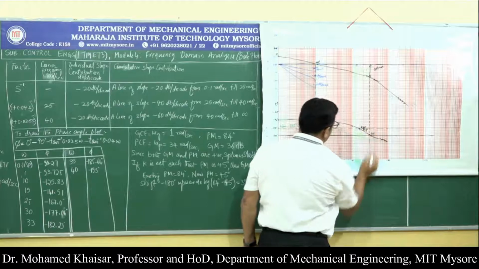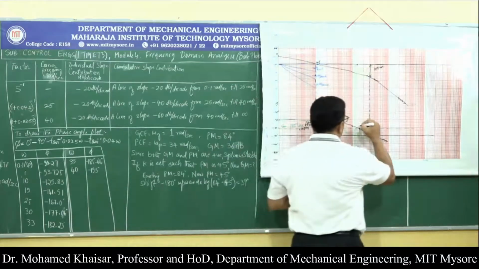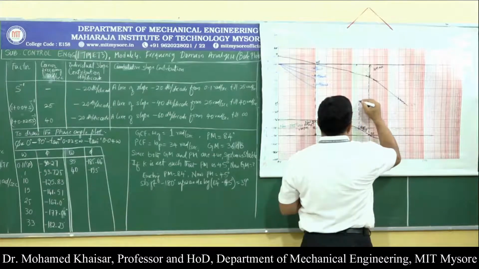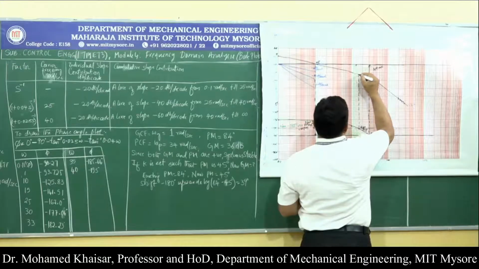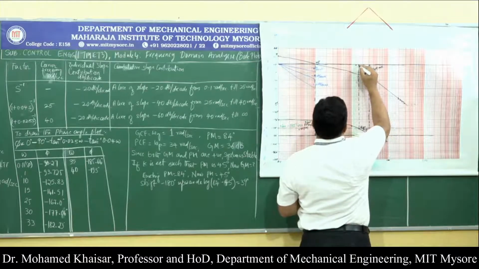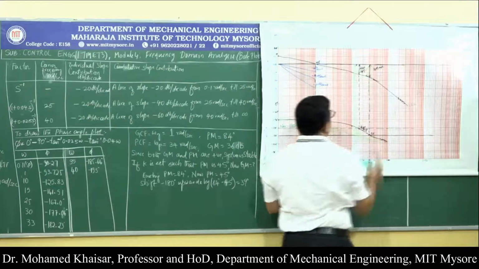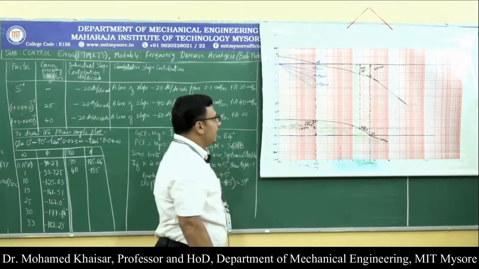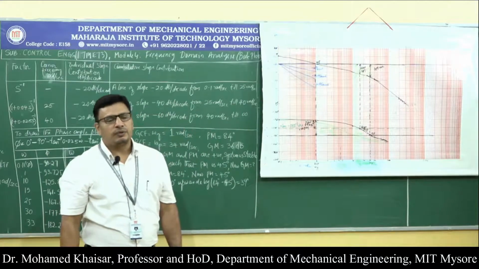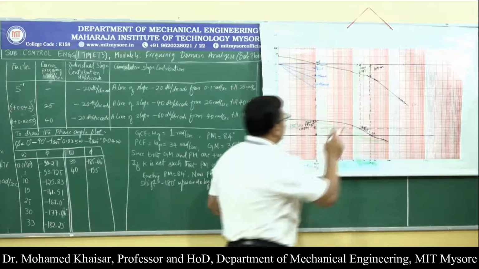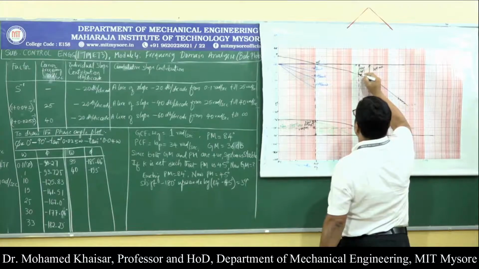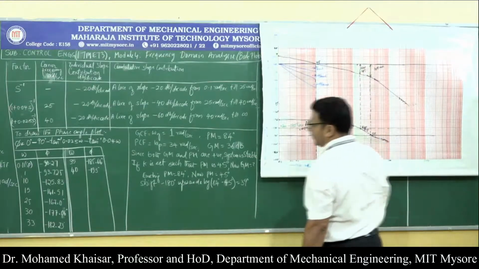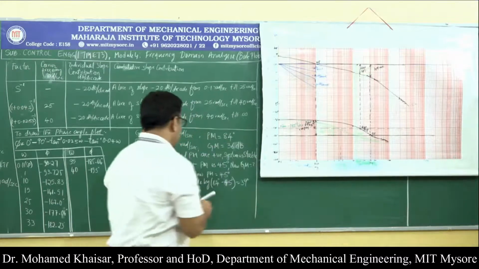From there you draw the vertical onto the magnitude plot, to the point where it intersects the magnitude plot, till the 0 decibel line. This will be the new gain margin, and the new gain margin is found to be 24 decibels. If you measure from here till this, it is 20, and till this point, a smaller division, 4 decibels, so it will be 24 decibels.